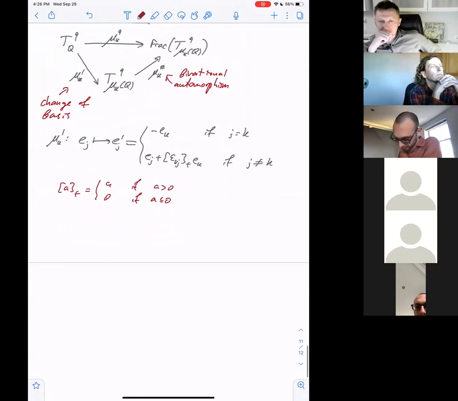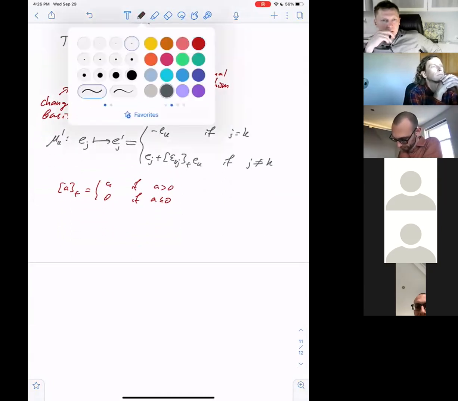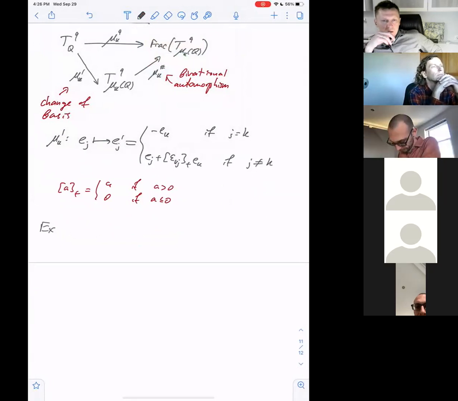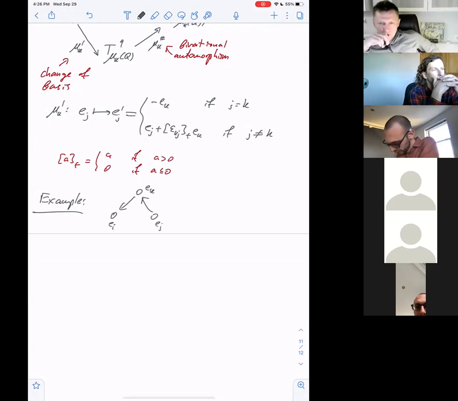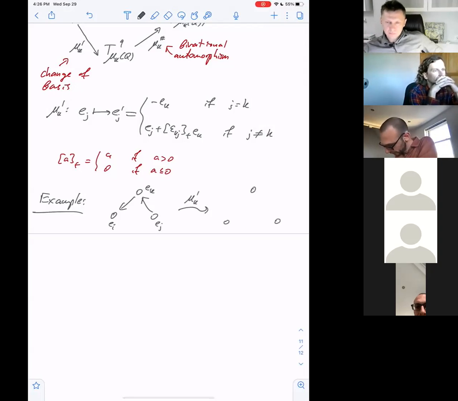So again, an example. If you start with a quiver like this, let's say this is e_k, this is e_i, and this is e_j, and I want to apply mu_k prime. The only thing I'm doing is changing the basis. So e_k becomes minus e_k.